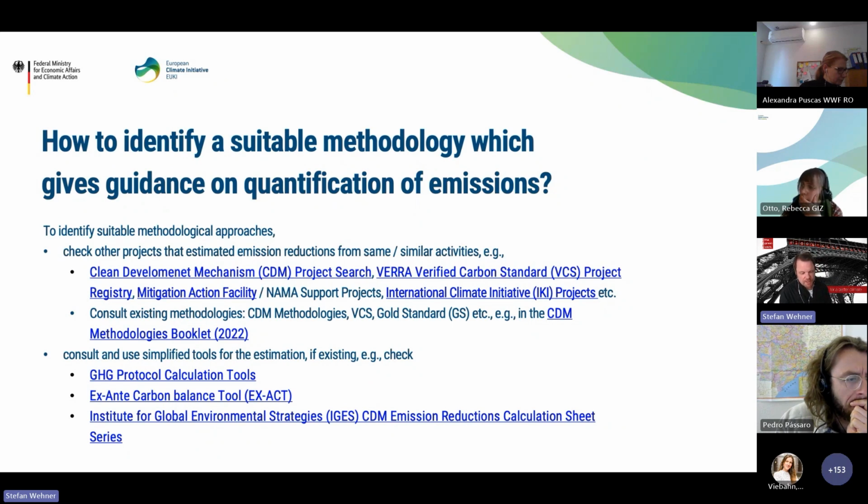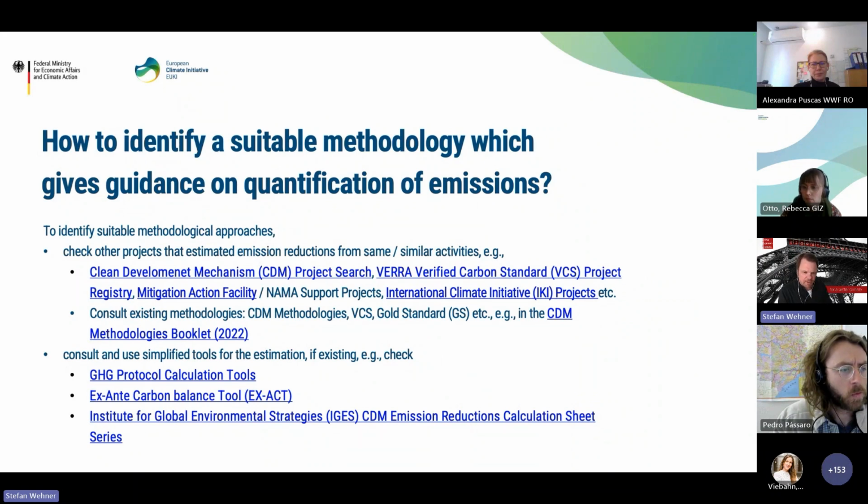Also international institutions like IGES, the Institute for Global Environmental Strategies in Japan, have developed Excel tools that are ready to use, applying some of the CDM methodologies.